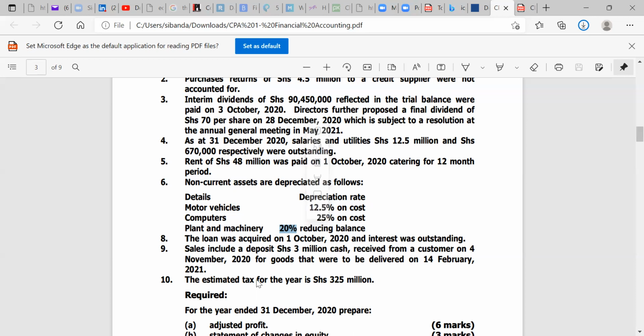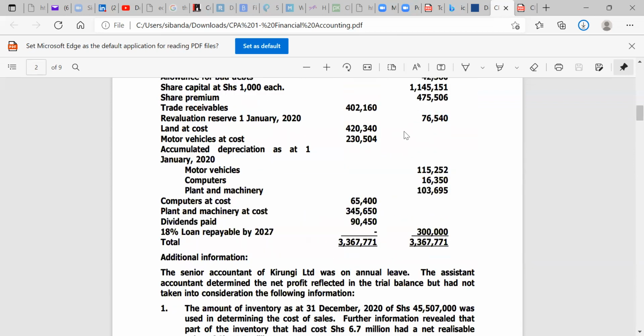Okay. So for straight line, we apply the percentage on cost. You get the 12.5% and multiply by what we have as the cost value here. The same thing we also do for computers.